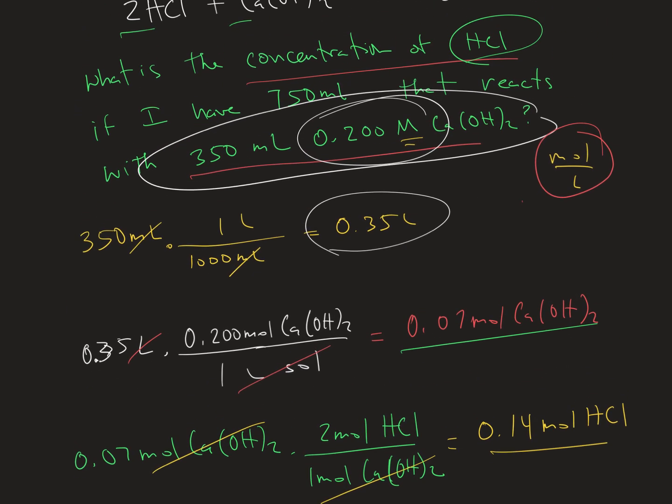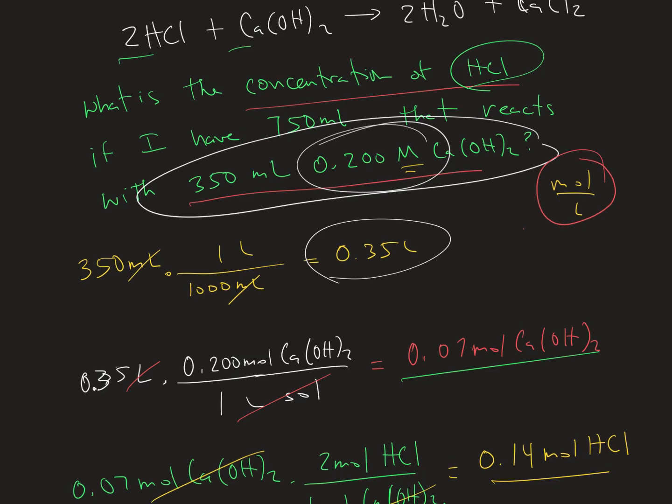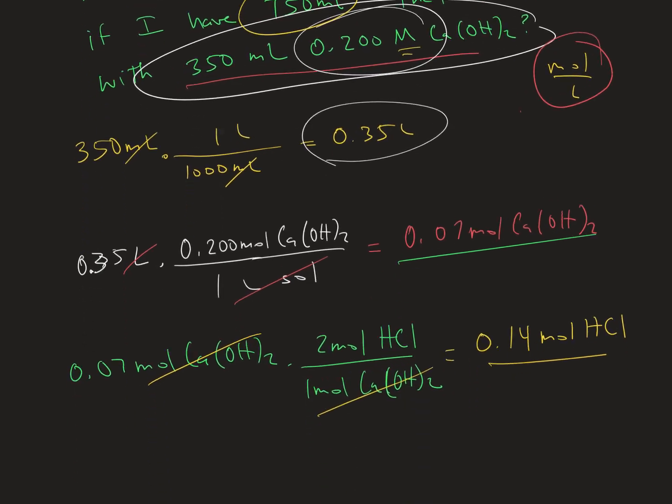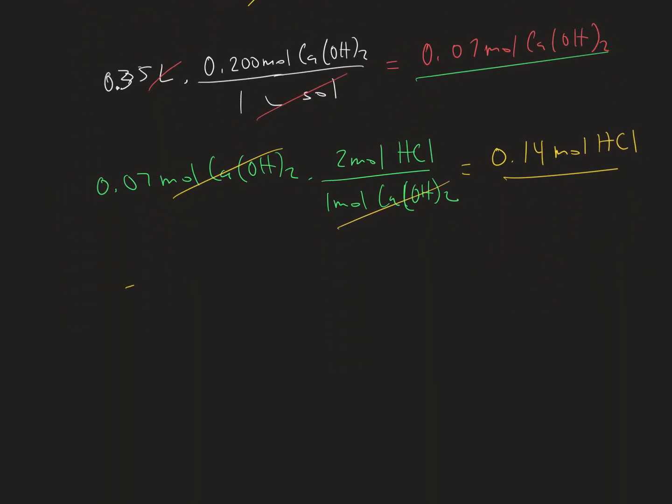I'm looking for concentration, moles per liter. I have a volume of my HCl solution, so I better change my 750 milliliters into what? Liters. 1,000 milliliters to 1 liter, and I got 0.75 liters.